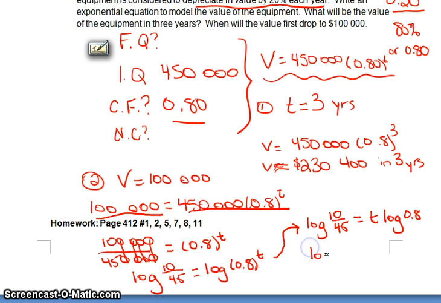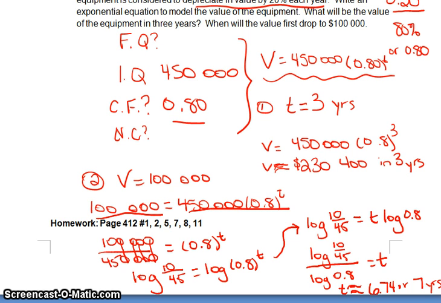So we have the log of 10 over 45, divided by the log of 0.8, and that is equal to t. Put that into your calculators, and what do you find, ladies? Here you should find that t is approximately equal to 6.7 years, or we could just round that up to 7 years.